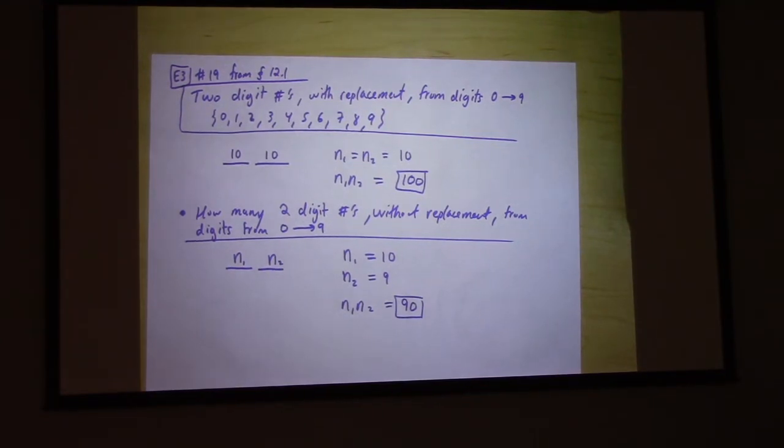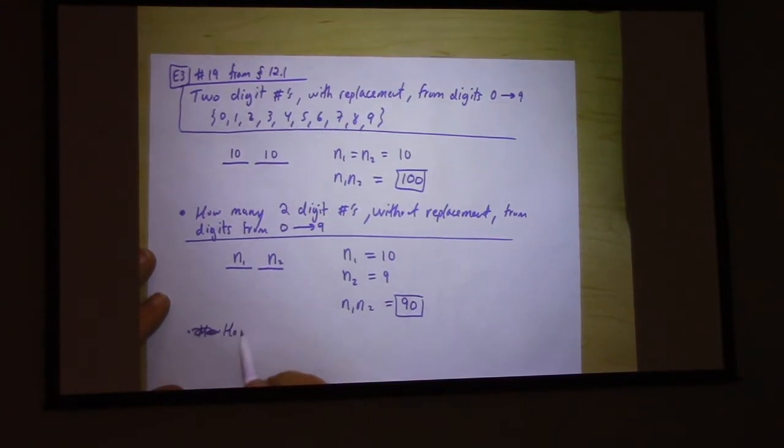Right? Because what if instead of 2-digit numbers you did how many 3-digit numbers with replacement?